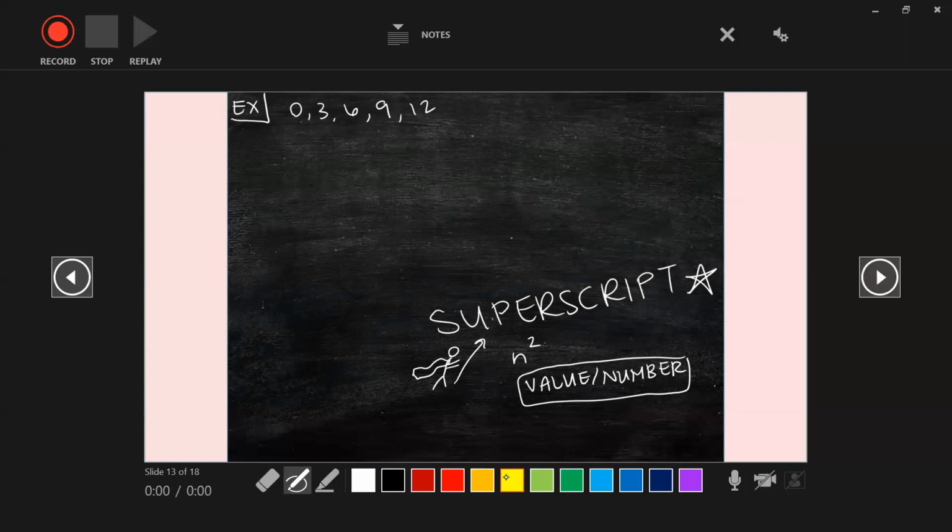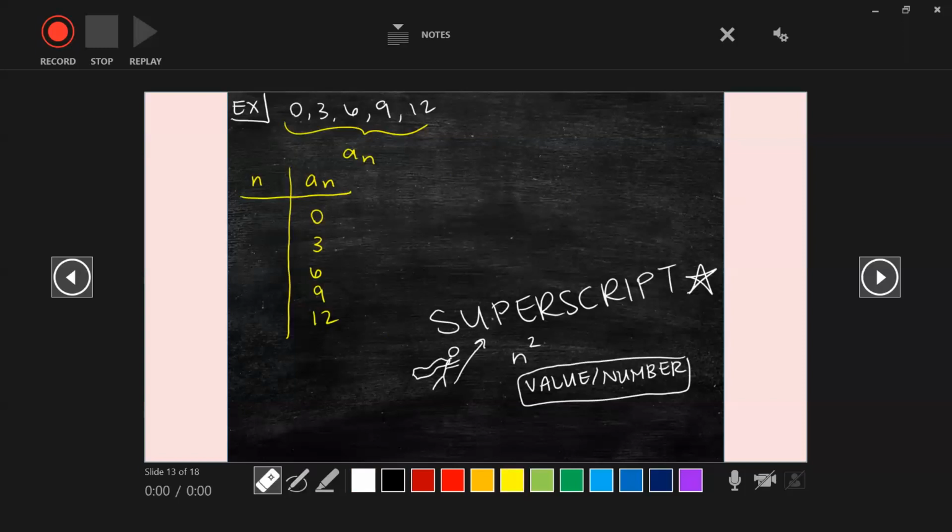Now, whenever you're given some things like this 0, 3, 6, 9, 12, you're going to be creating a table. You're going to have an n on one side and an A sub n on the other side. So for A sub n, you're going to put 0, 3, 6, 9, 12 in the exact same order that it came. What was the definition of n?